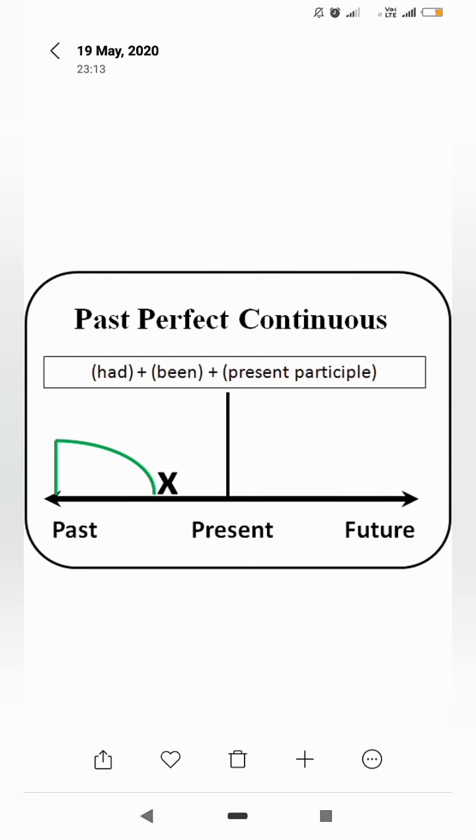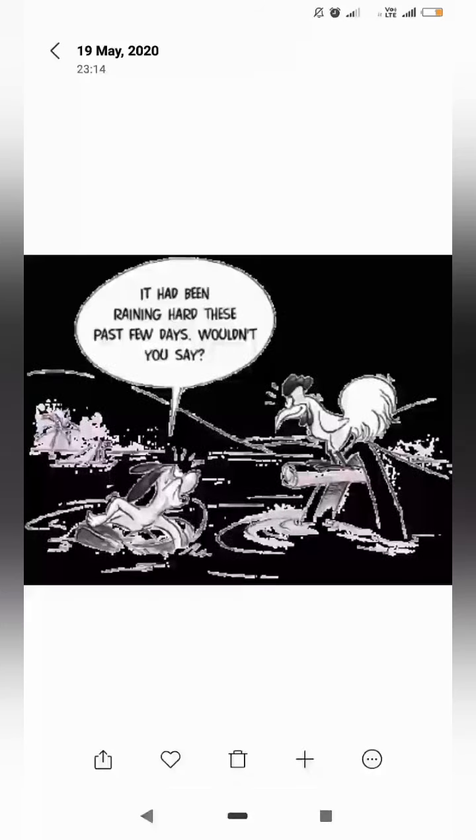Rule: subject plus had plus been plus ing. I had been working at the company when I got the promotion. Okay? It had been raining hard these past few days. That is past perfect continuous.